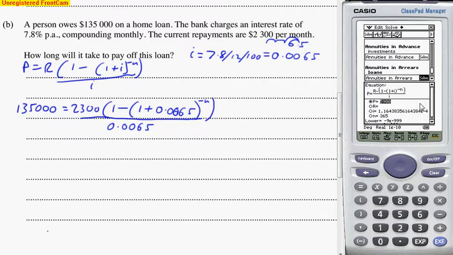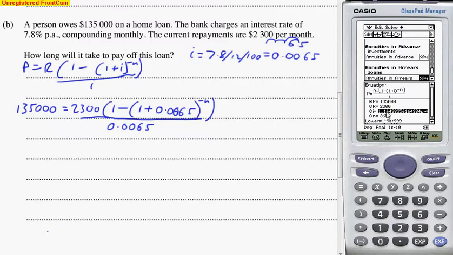I'm going to solve that, and I've got some stuff left over from a previous calculation. Okay, so I have to put in my numbers. P, my principal, is 135,000. My regular repayments, they're 2,300.